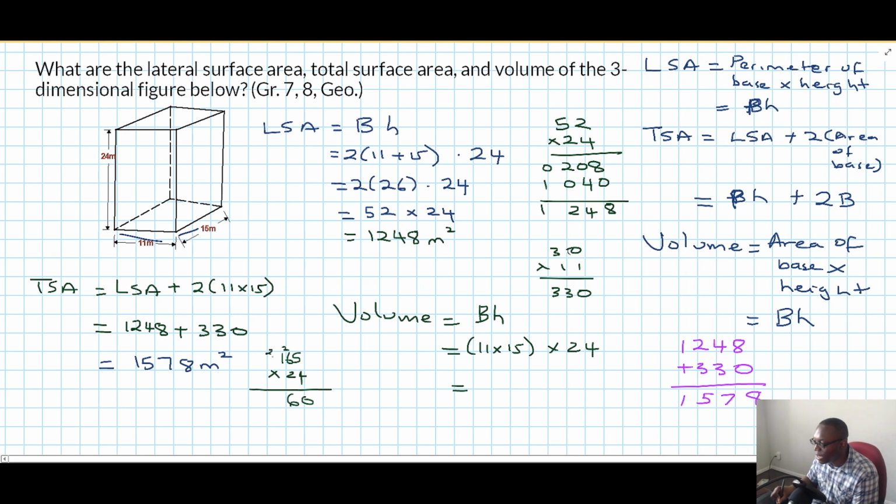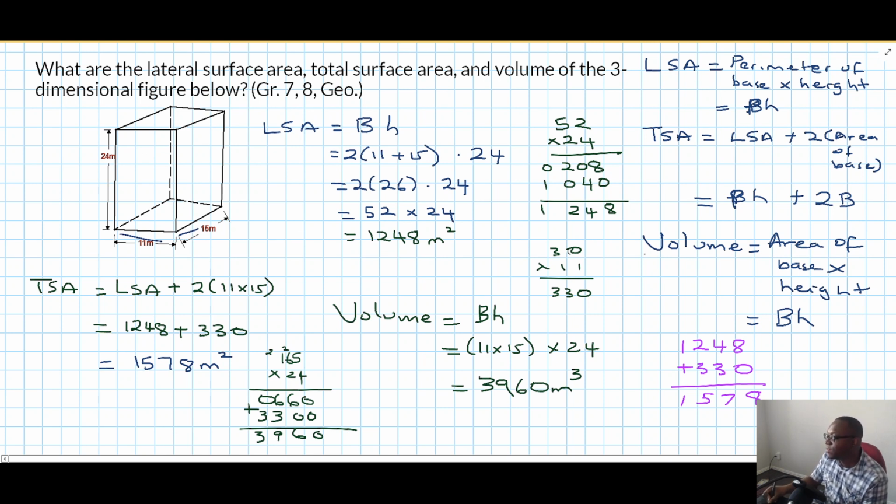Put a 2 right here. 1 multiplied by 4, 4 plus 2, we have 6. 5 multiplied by 2 is 10, so we'll put 0, bring 1 here. 6 multiplied by 2, 12, plus 1, 13. 1 multiplied by 2, 2 plus 1, 3. So we're going to add the numbers together. 0, 6, 9, 3. So this is going to give us 3,960 cubic meters. So that's how you would find the lateral surface area, total surface area, and volume.